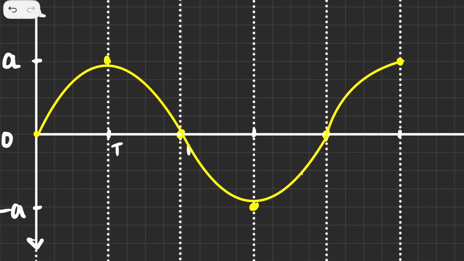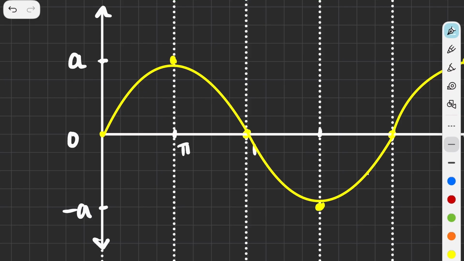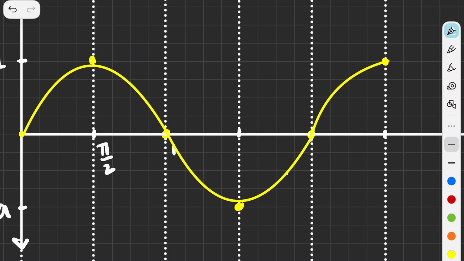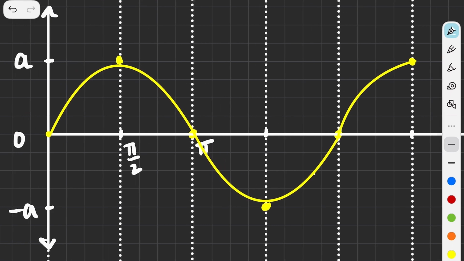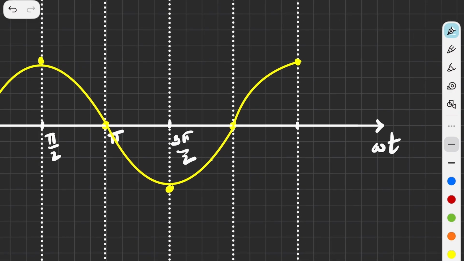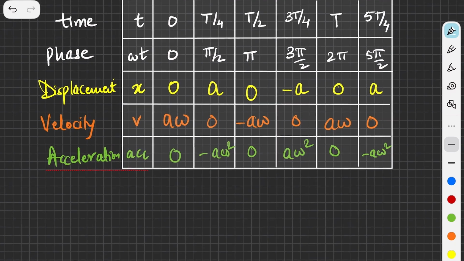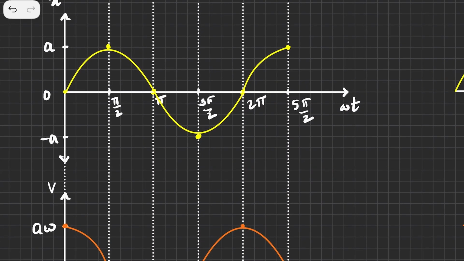Now the first is 0, and then you have pi by 2, then you have pi, then you have 3 pi by 2, and then we have 2 pi and 5 pi by 2. So just I have plotted time. Instead of time, I have plotted omega t, that is the phase. So the graph will look same.